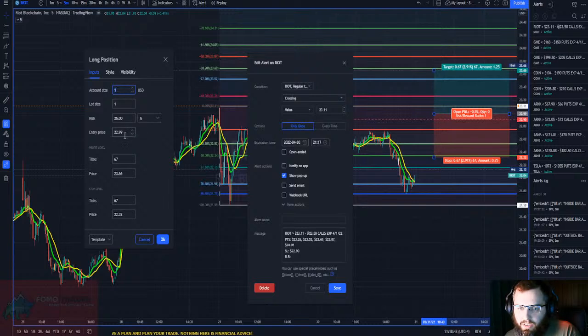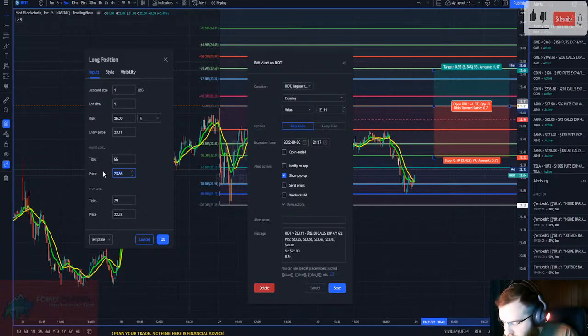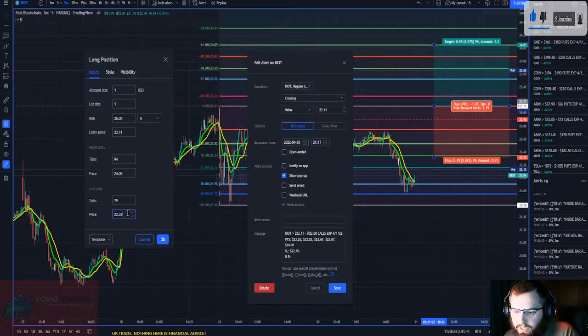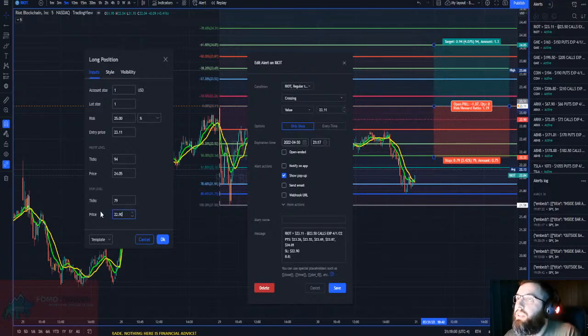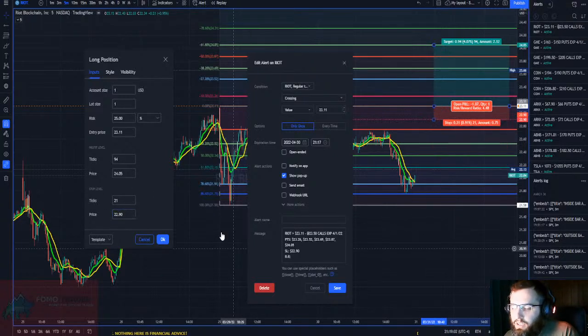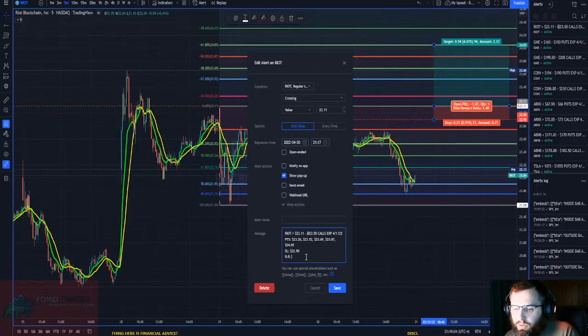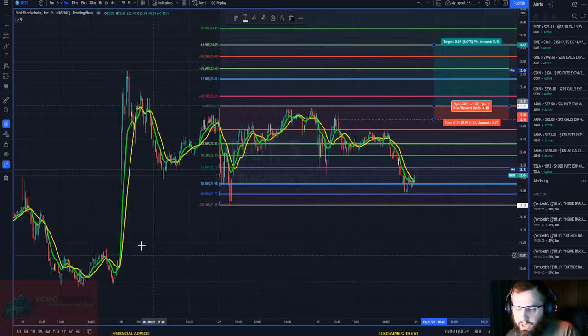So we enter above 23.11. Our final price target is 24.05, and then our stop loss is 22.90. 4.5 times your money, 4.48. Let the trade come to you. Plan this stuff out. Don't force anything.